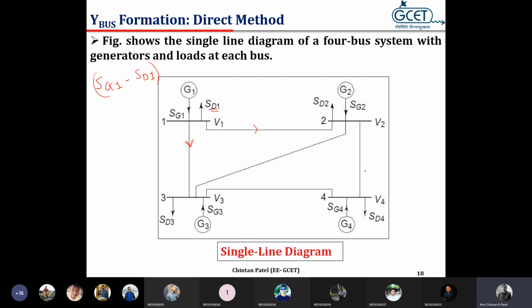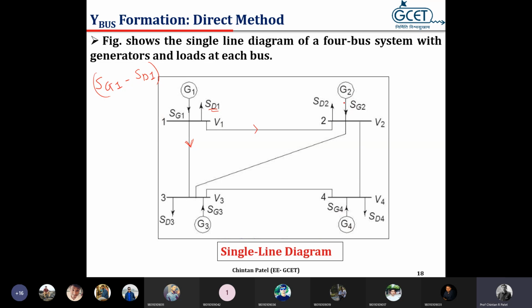Similarly, at each bus, we can set the net power. Now, there are only two possibilities at any bus: either the net injection is positive or the net injection is negative. So if at bus number 2 the net injection is positive, that means at bus number 2 generation is more than demand.